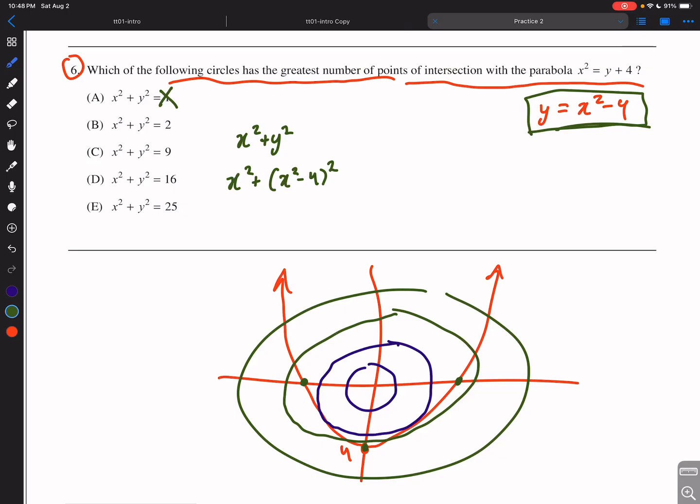And certainly the question is simply, what is this going to be set equal to? I think we can already start to see where the number 4 is going to come from, because we're going to have a 4th degree polynomial. So this is going to get us x to the 4 minus 7x squared plus 16.